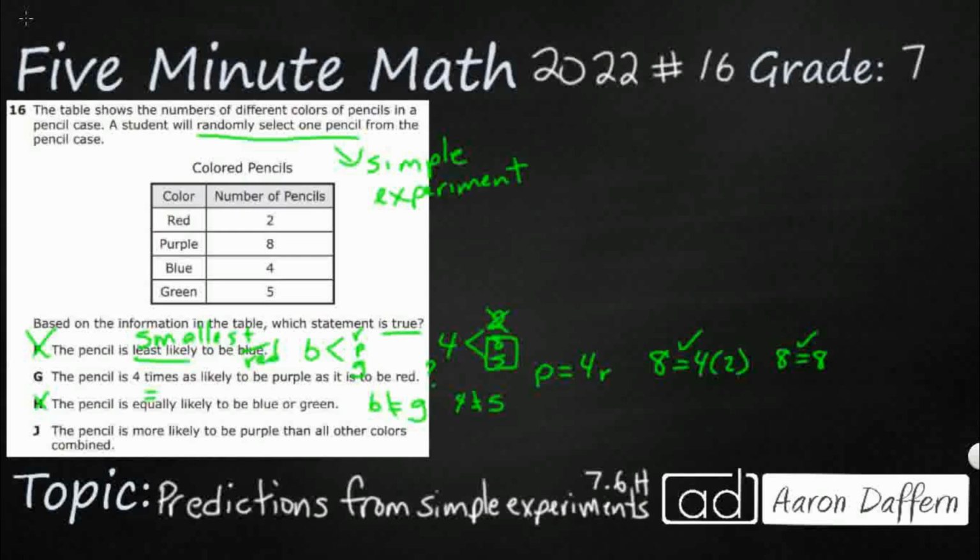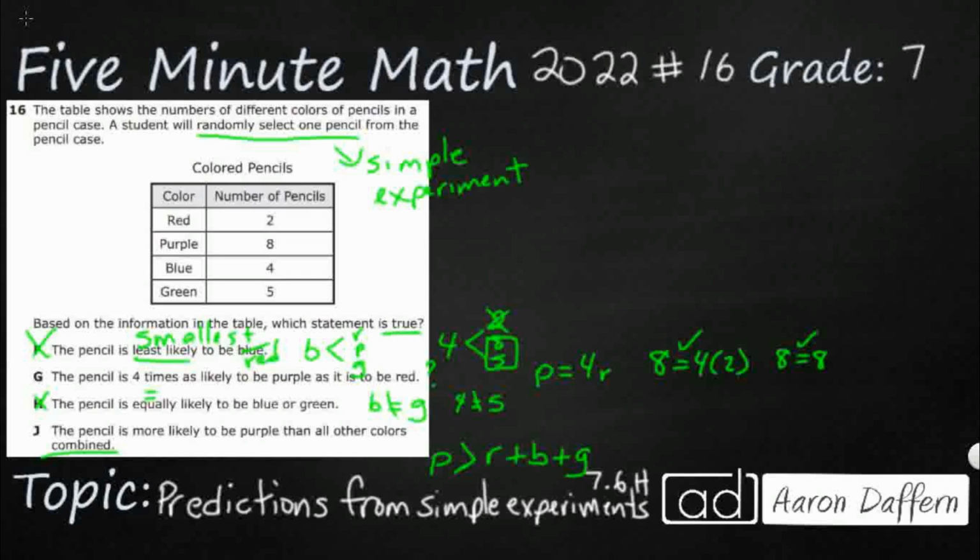All we need to do is eliminate J. The pencil is more likely to be purple than all the other colors combined. So purple is going to be greater than red plus blue plus green. Since we're using the word combined, that makes me think of addition.